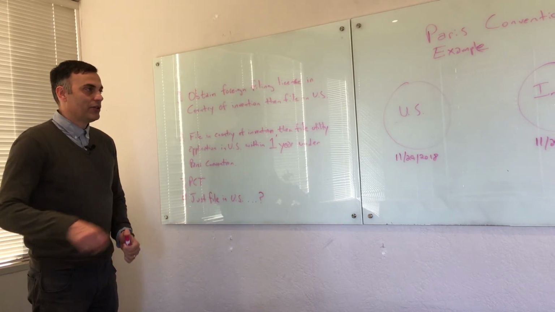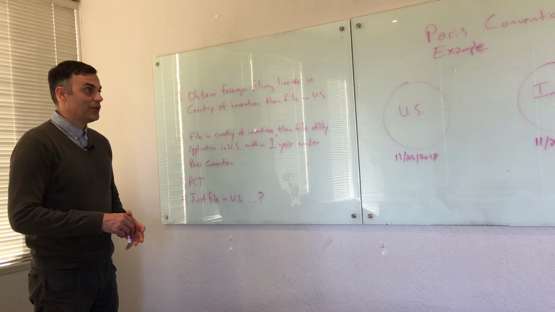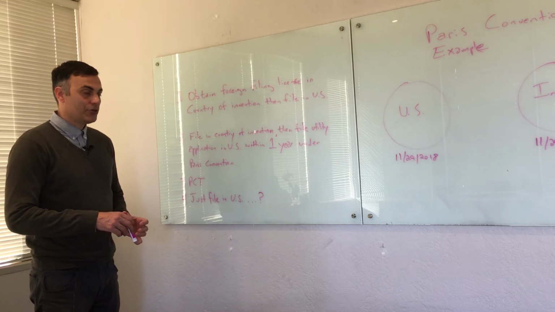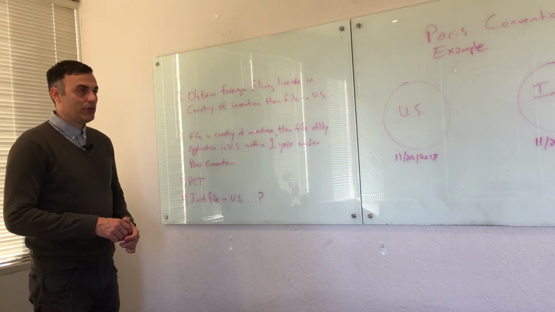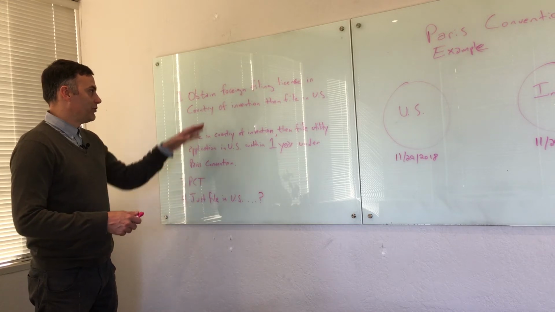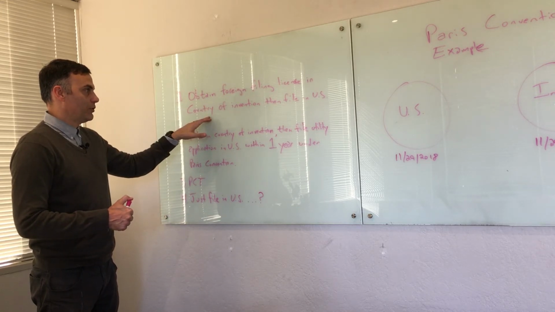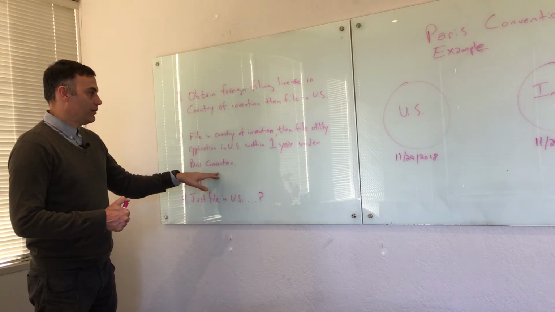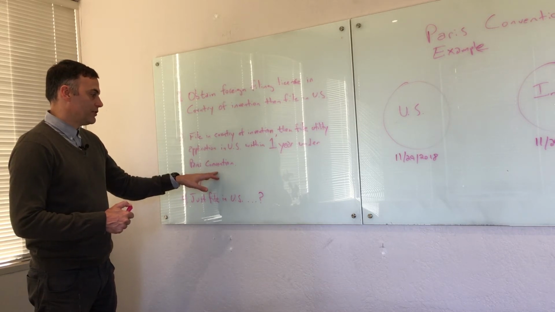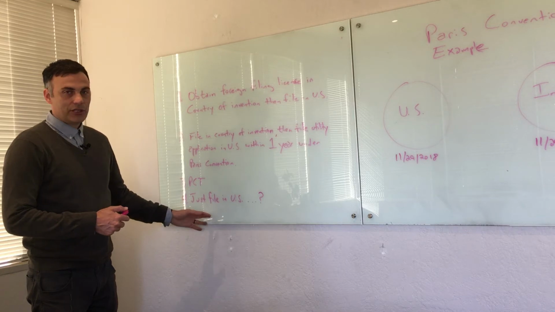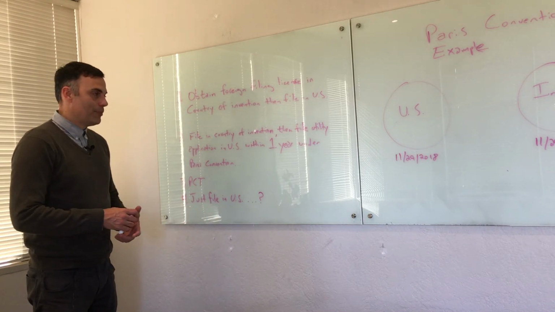It really depends on the country of invention. It's not something I would recommend as an attorney, but I have seen people skip obtaining the foreign filing license. They don't file in India and then proceed under the Paris Convention. They just take the invention and file in the United States. There are potential problems.